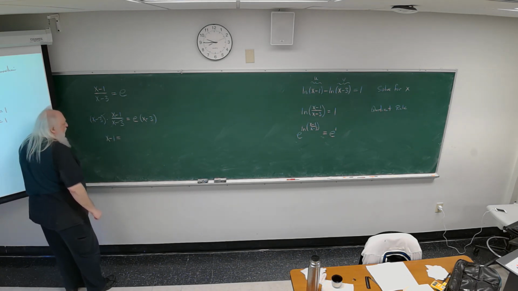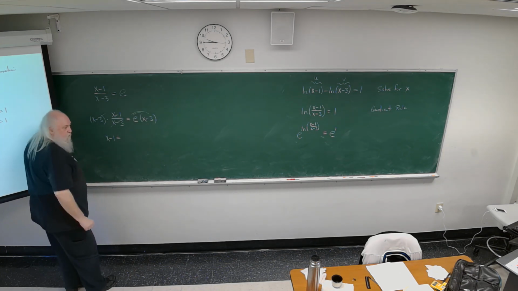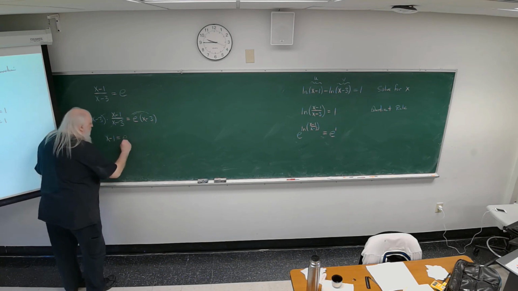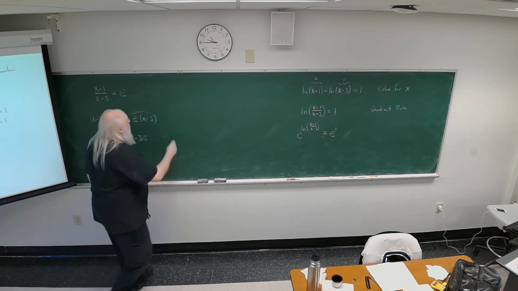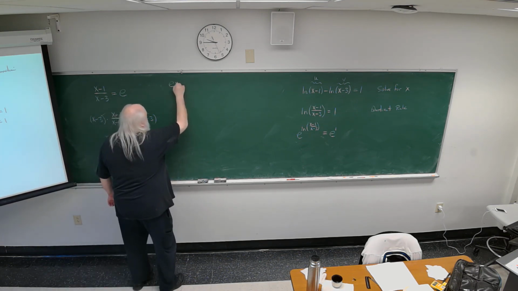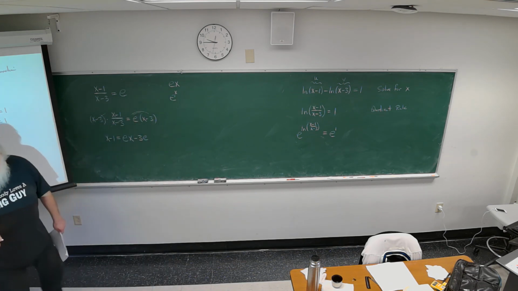And now on the right, we have to distribute the number e. And so we have e times x minus 3 times e. Now I want to emphasize this is e times x, which is different from e raised to the x power. So don't confuse the two.